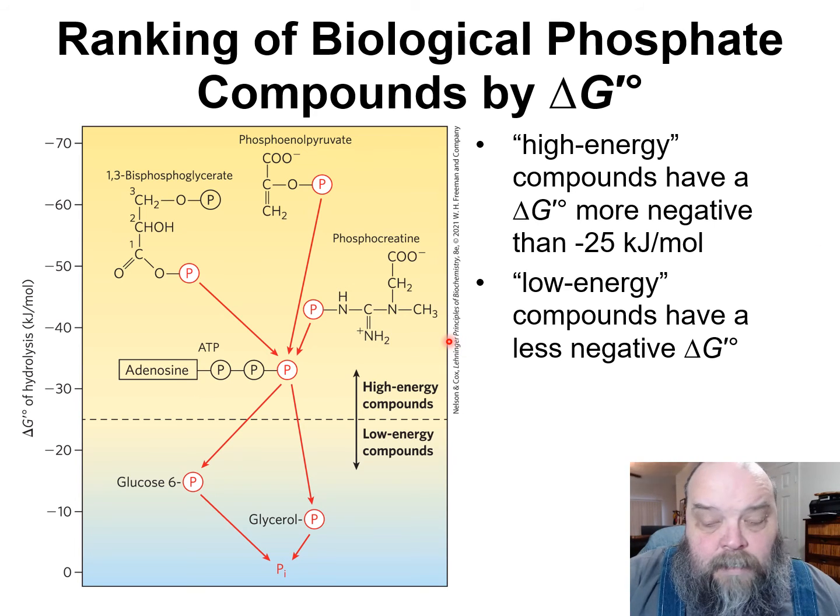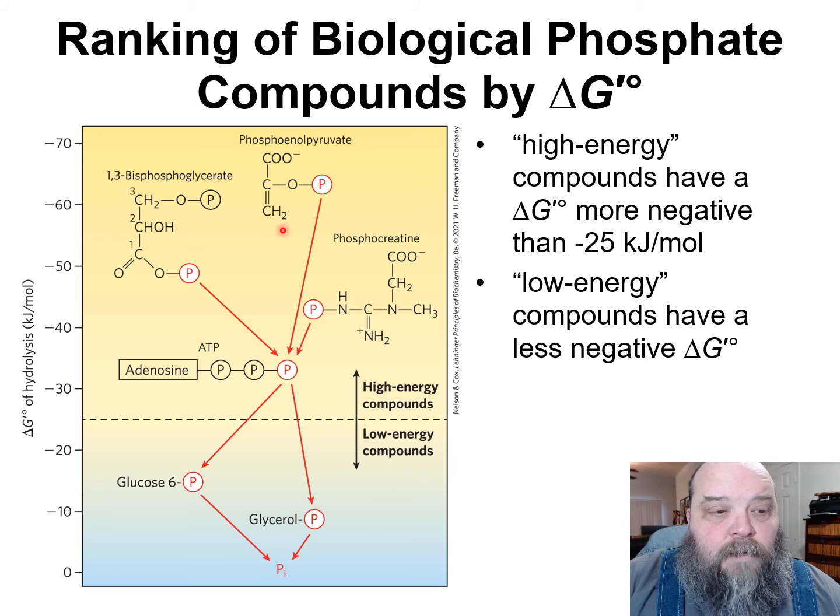And when we look at the chemical structure of many of these compounds we're going to see throughout cellular respiration, there is a spectrum on how much energy is imbued within the compounds. Again, I've said it before: the more negative a delta G is, whether it's the delta G or the delta G prime naught, the more energy is there.